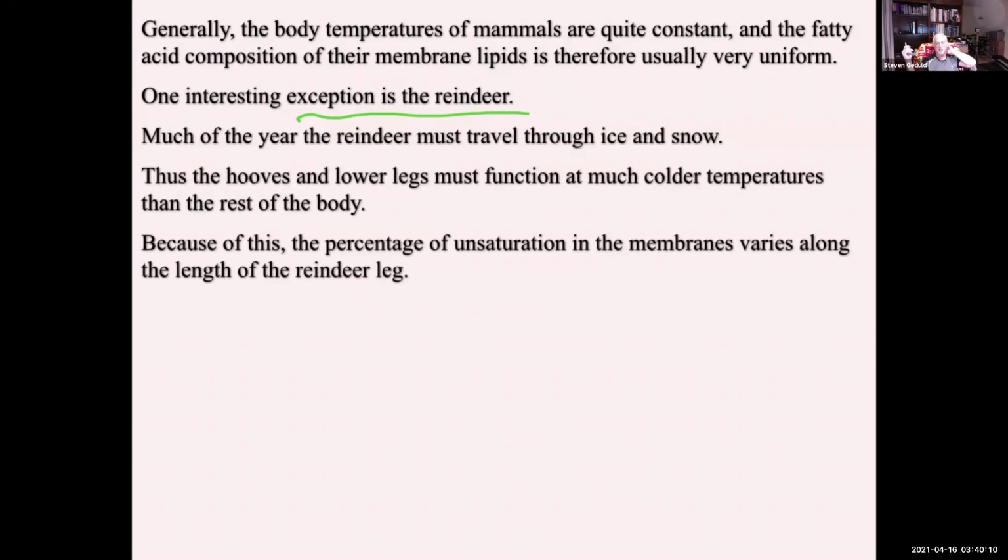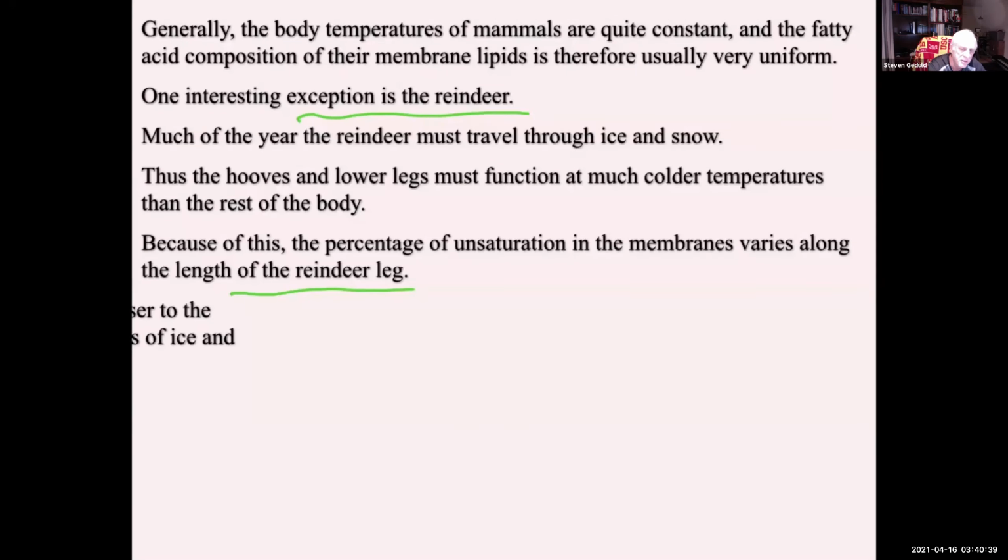Because of this, the percentage of unsaturation of the membranes varies along the length of the reindeer leg. So here's one species, okay, that if you take a sample at different parts of the leg, the saturation of the cell membrane is going to be different, percentage of concentrations of saturated versus unsaturated hydrocarbons. Okay.